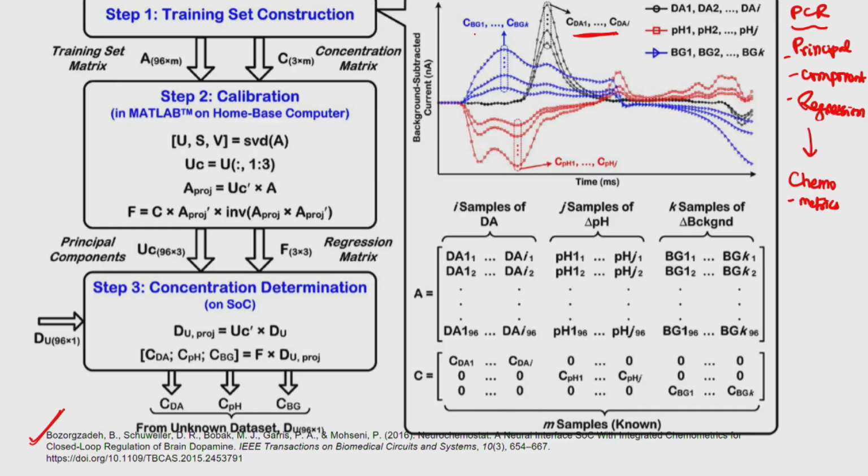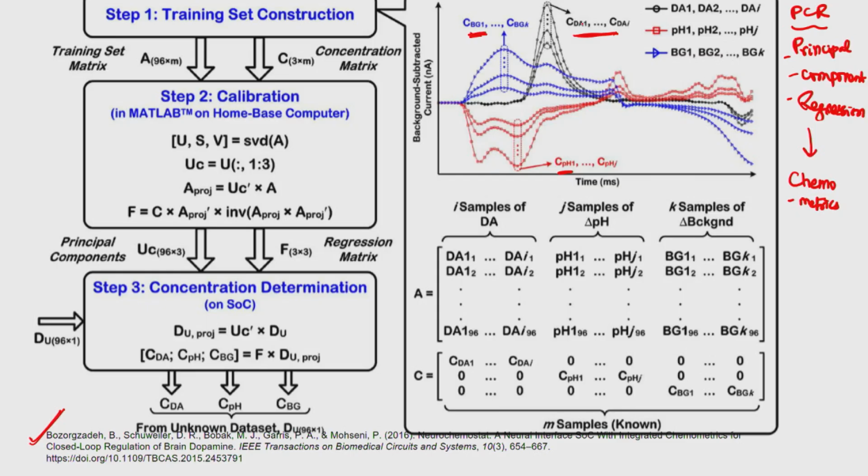It also shows changes due to background. It can also show changes if, let us say, there is a change in pH in and around the brain or in the environment. So what they did was use this PCR to isolate and also estimate the concentration of dopamine from the combined signal.